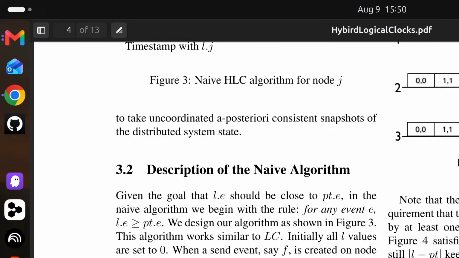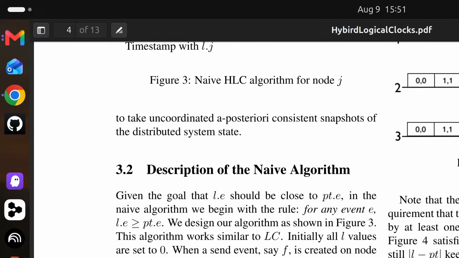If the logical time of e plus 1 is greater than the physical time of j, then for f we want to be close to this.